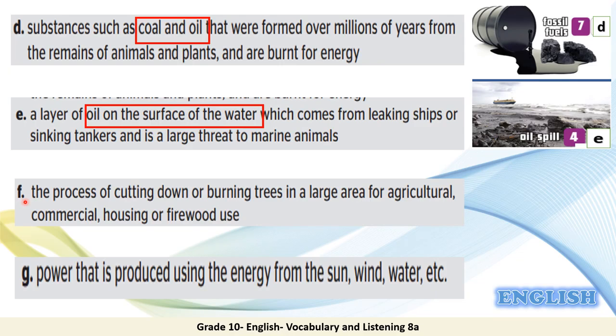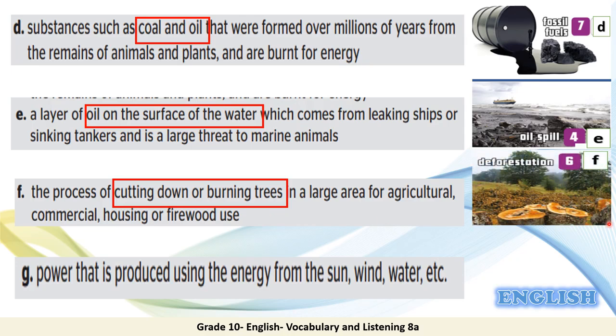Next one, the process of cutting down or burning trees in a large area for agriculture, commercial, or housing or firewood use. Your hint is cutting down or burning trees. Pause, look at the pictures, and make a choice. And the answer is deforestation.